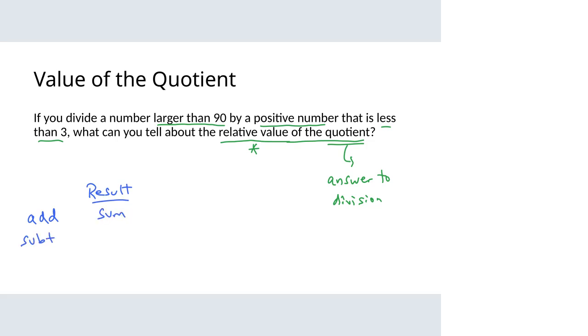How about when we subtract two numbers? Very good. Difference. What is the difference between the two? Well, we get that when we subtract. How about when we multiply two numbers? What do we call the result of that? The answer to our multiplication?